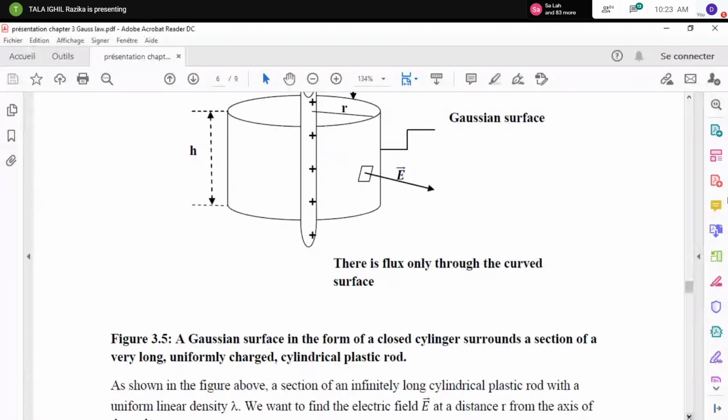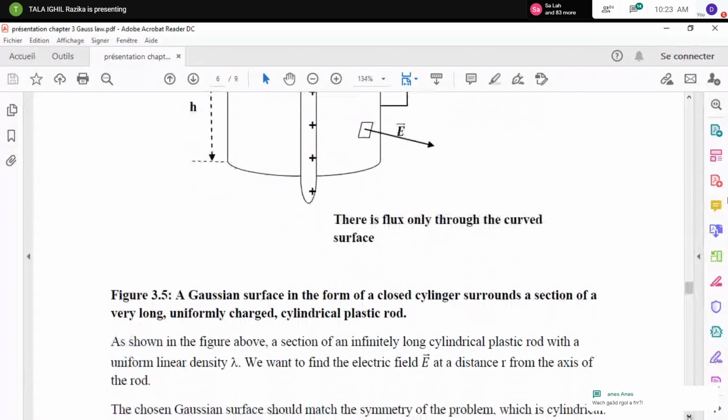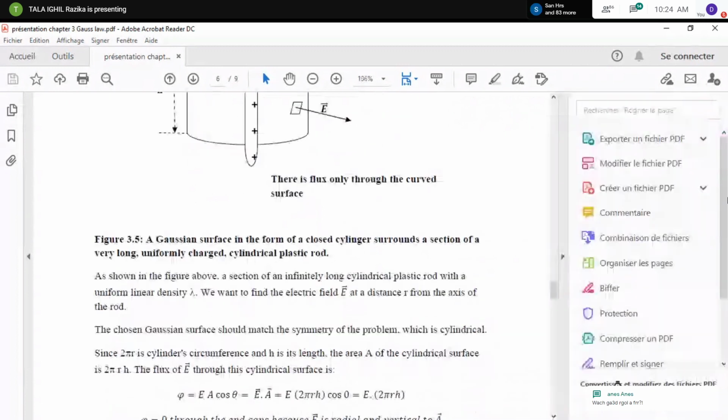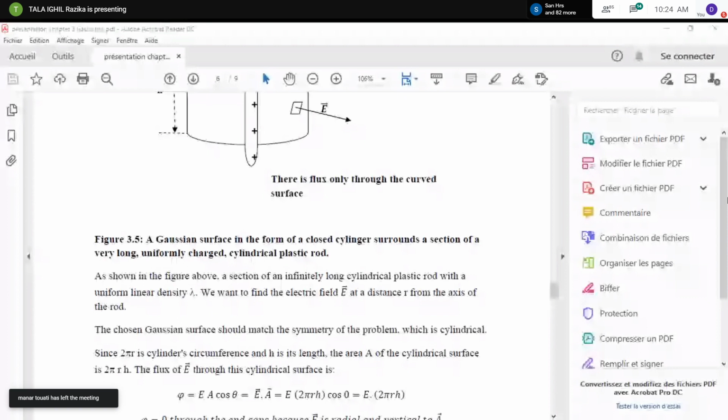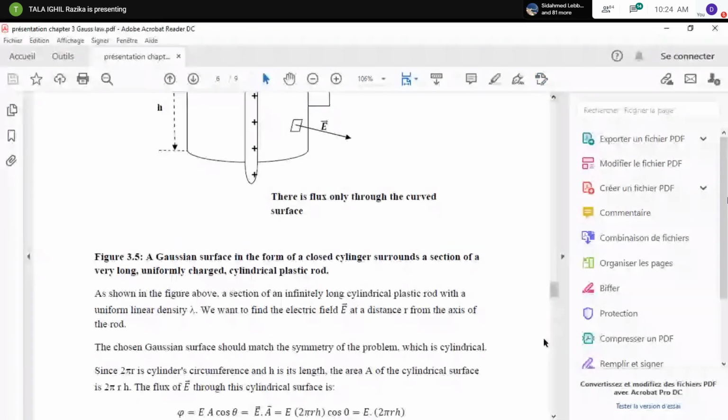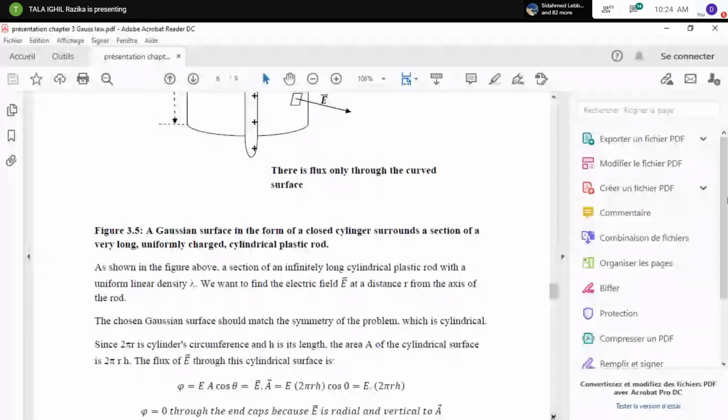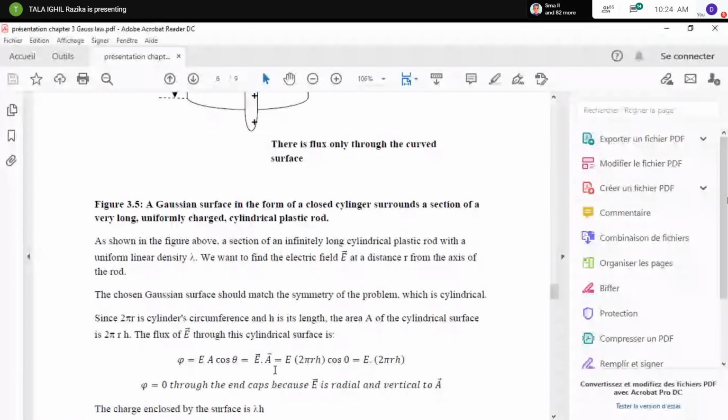If we apply Gauss law, the flux phi is EA cosine theta, so it is EA, because E and A are parallel: E 2 pi r h cosine 0, which is E 2 pi r h.